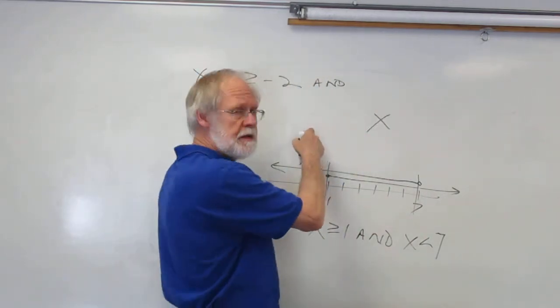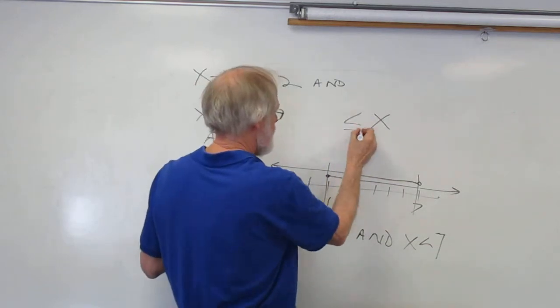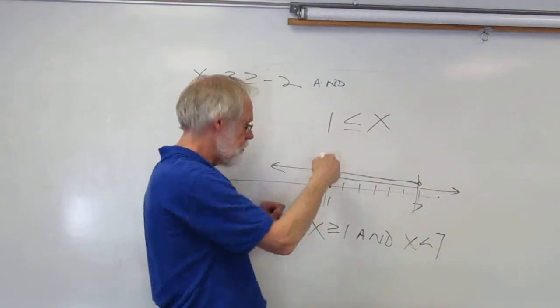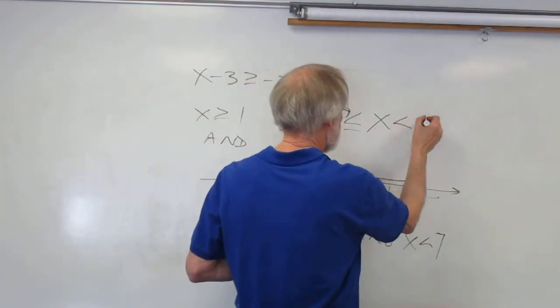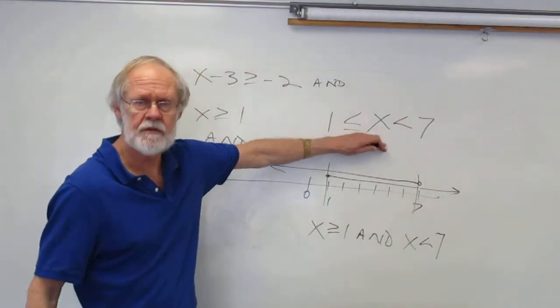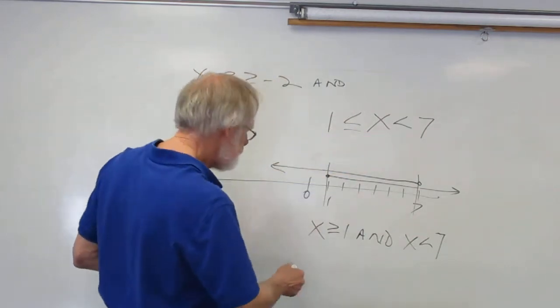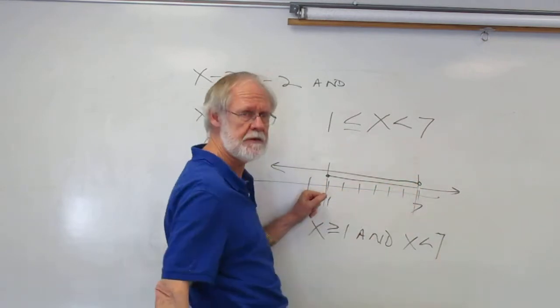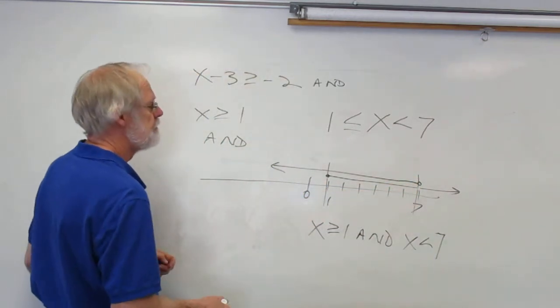And we put typically the smallest number over here. So x is greater than or equal to 1 and x is less than 7. This is an and statement, and it tells you that x is right here in this range. And that's the only range x can be in.